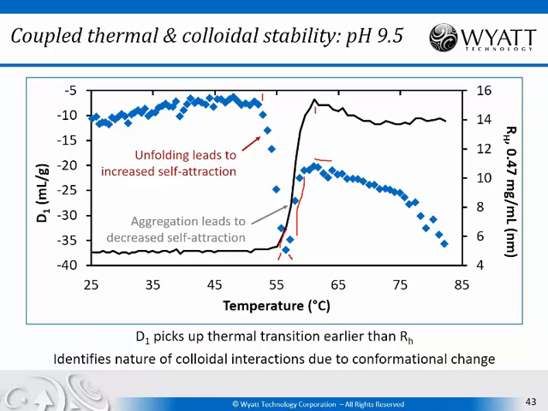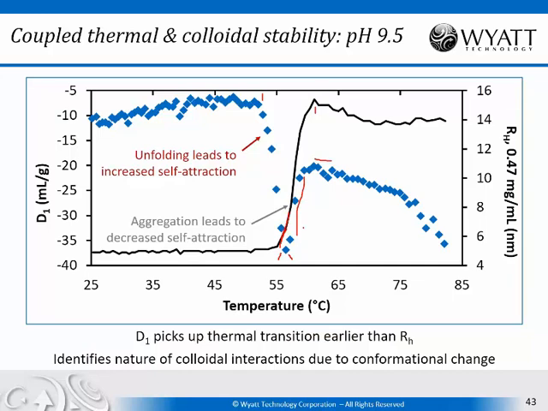The size increases, indicating that there's significant unfolding and eventually aggregation. Now, once the aggregation occurs, those hotspots from the adjacent molecules will stick to each other, and they'll now be hidden from the solution, and so therefore the molecules are less self-attractive because the hotspots have been hidden, and that causes the increase of D1.